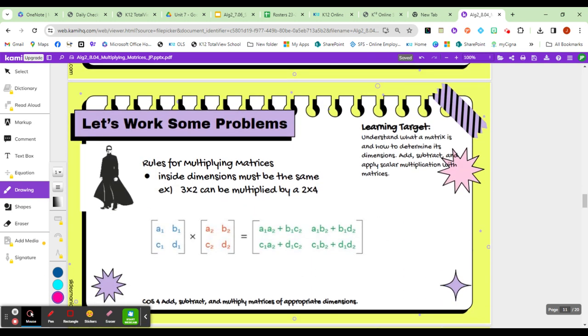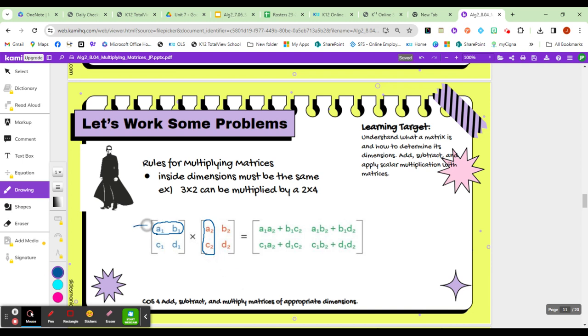Okay, so I attempted to find a pretty decent graphic where you could kind of see how to multiply. But honestly, I would not understand this unless I just watched somebody multiply them. So you're always going to start with the first row in the first matrix, and you're always going to multiply that first row times the first column in the second matrix. Always.